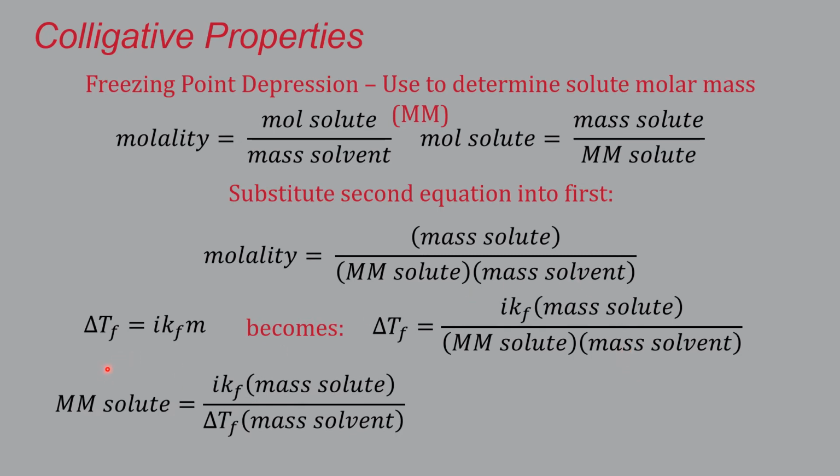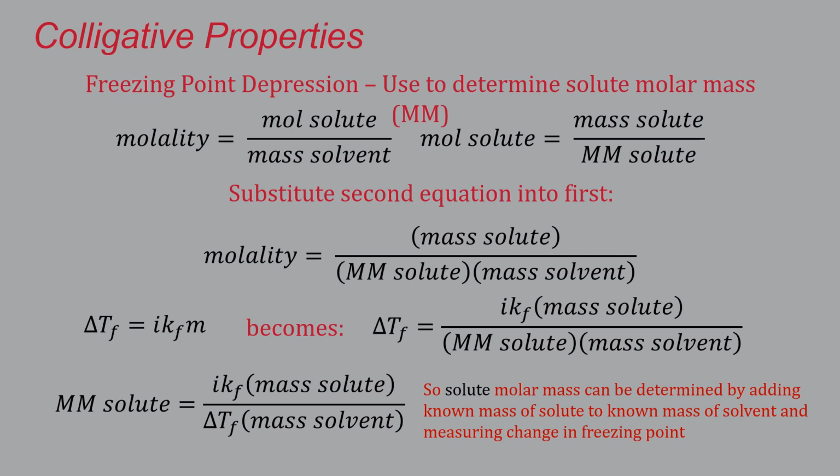The molar mass of the solute is equal to the Van't Hoff factor times Kf times the mass of the solute, divided by the freezing point temperature change and the solvent mass. And I will note that this is normally done with covalent or non-ionic solutes for whom this Van't Hoff factor is going to be 1.